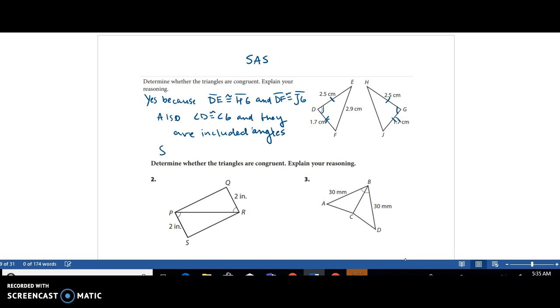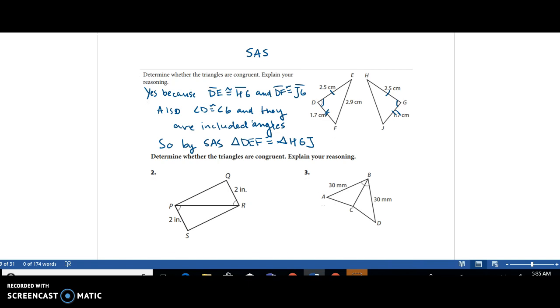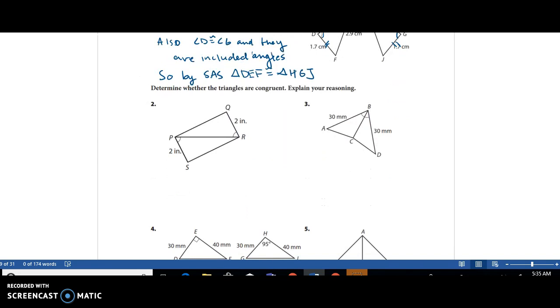So by SAS, triangle DEF is congruent to triangle HGJ. Usually I write that the other way around, but it doesn't matter as long as it says SAS and also the triangle congruence theorem.